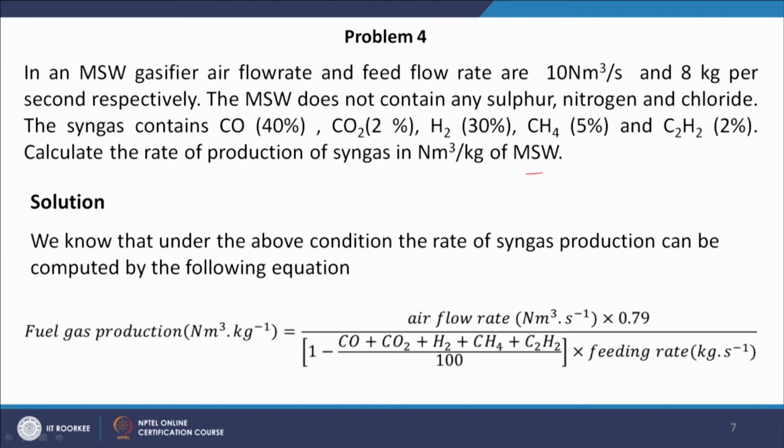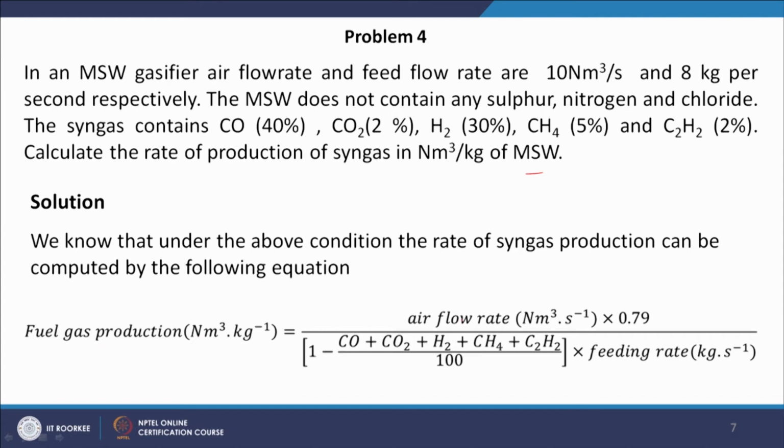The CO, CO2, H2, CH4, C2H2 are the gas components present in the producer gas. So 100 minus these is nothing but the nitrogen available in it, and it is coming through the air we are using. This nitrogen into the feed rate, in kg per second, gives the fuel gas production in normal meter cube per second.